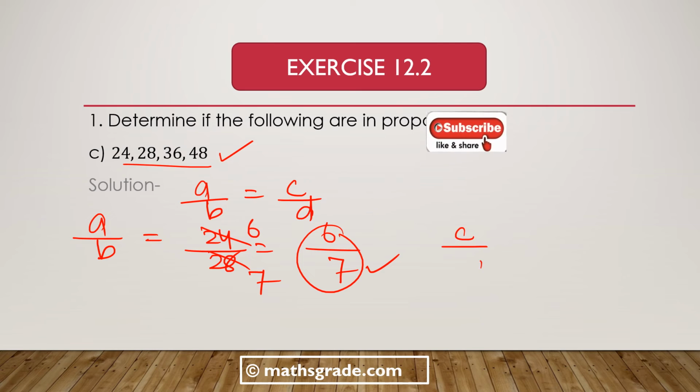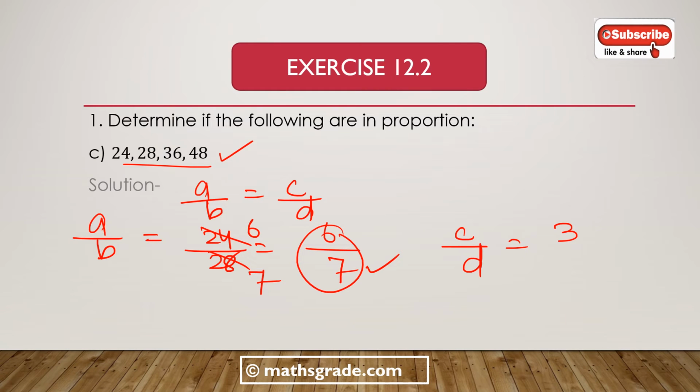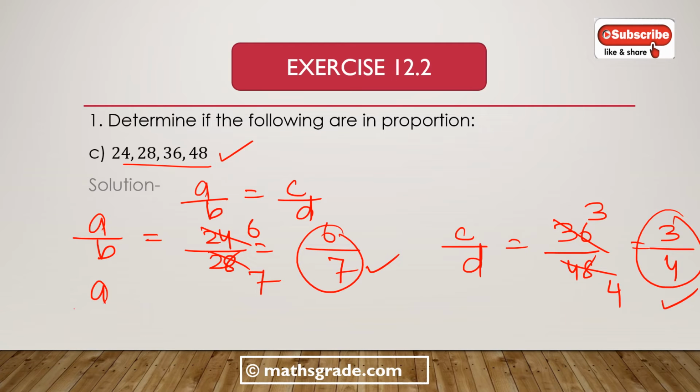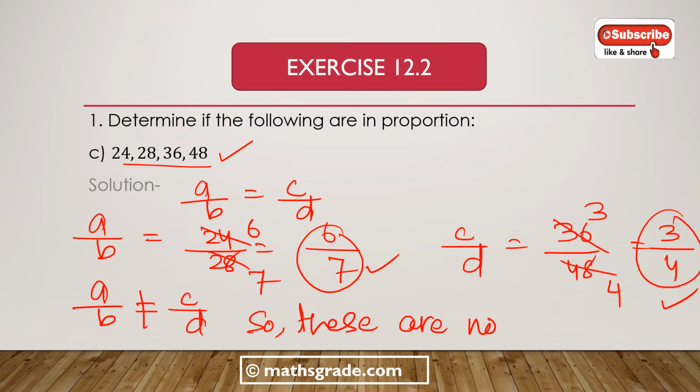Now C divided by D, 36 divided by 48. 12 3s are 36, 12 4s are 48. 3 divided by 4. These two ratios are not in proportion. So A divided by B is not equal to C divided by D. So these numbers are not in proportion.